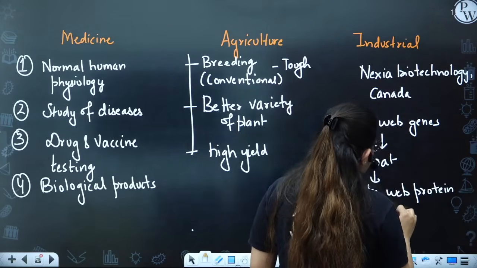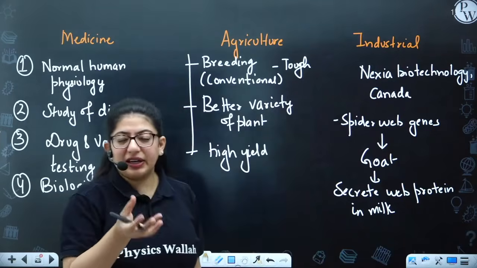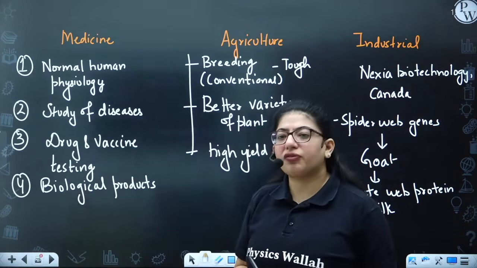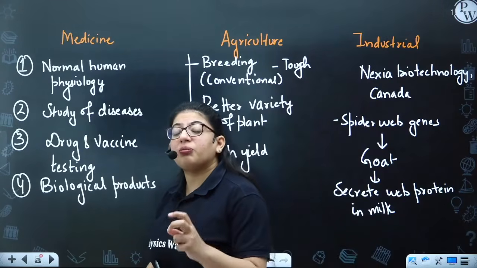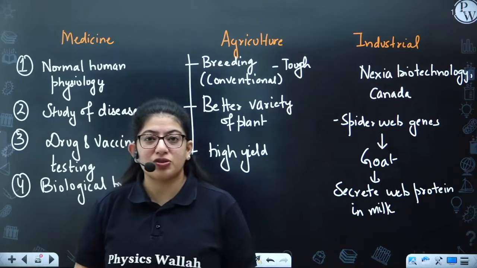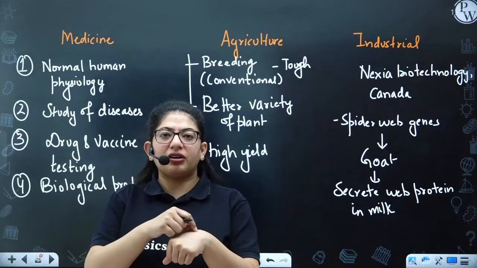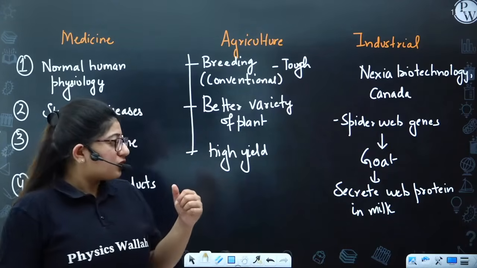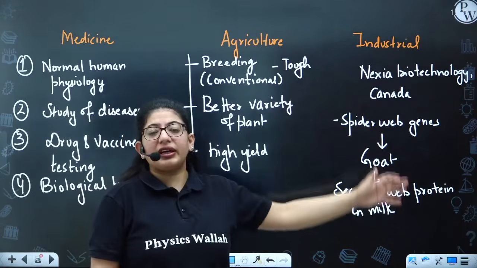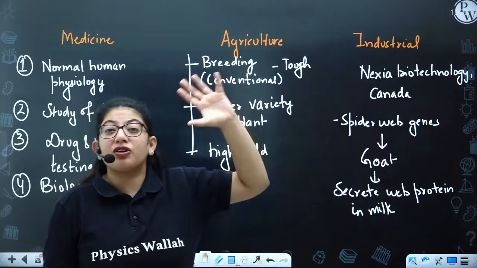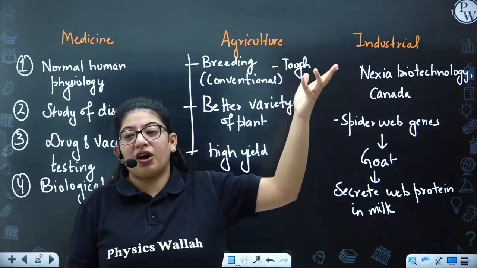These web proteins are like a silk protein, and by extracting this silk protein from the milk of a goat, they produce tennis rackets, army uniforms, and even the sutures. Sutures, you understand? When you get deep cuts on the skin, the doctor gives the sutures, right? So this is how they brought the biotechnology to the industrial scale. See how good, how nice, right?